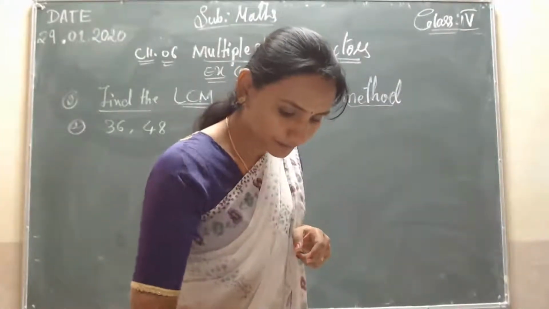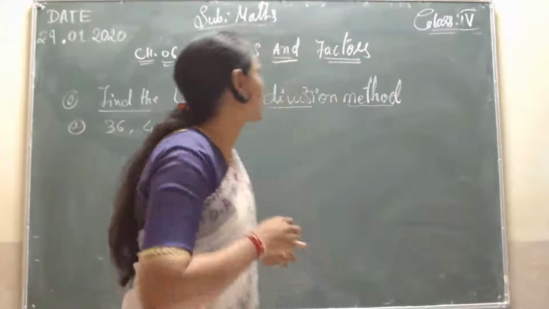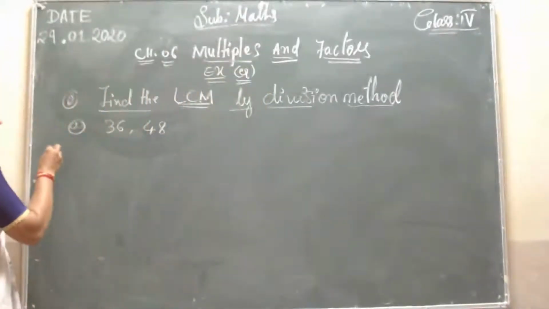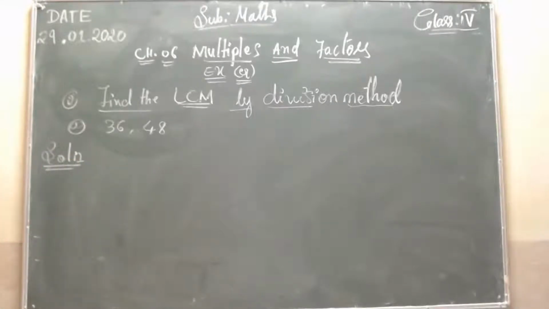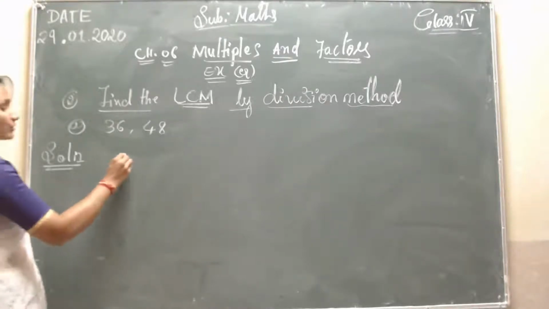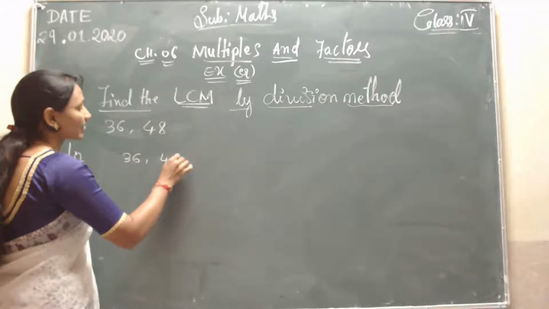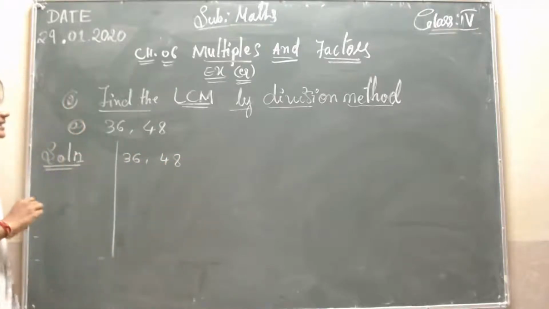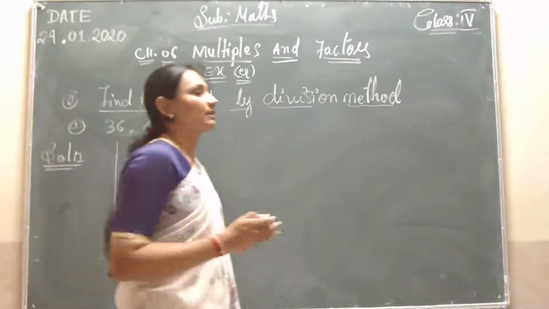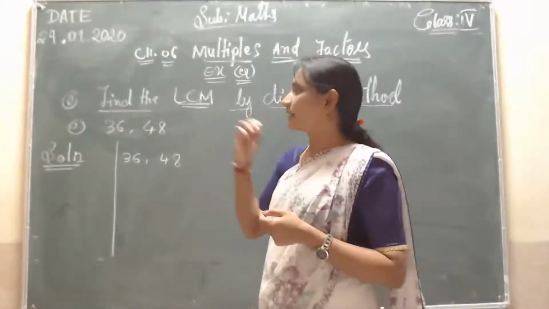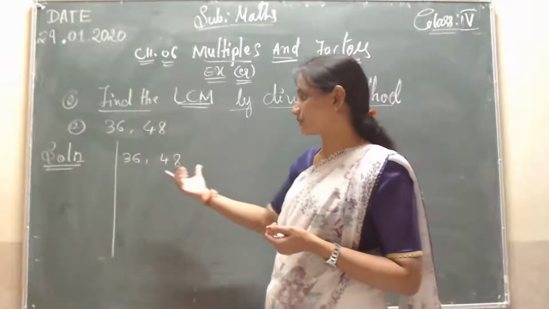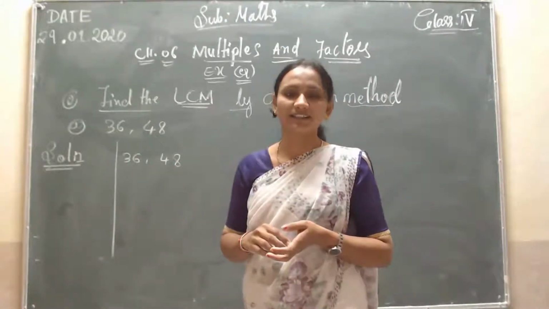Students, what is the first step? You have to divide the numbers by the smallest prime number. You take two numbers together, both numbers, 36 and 48.